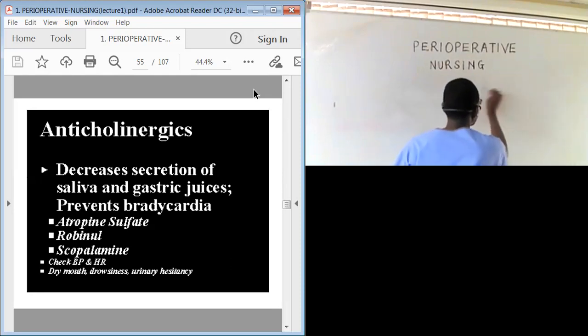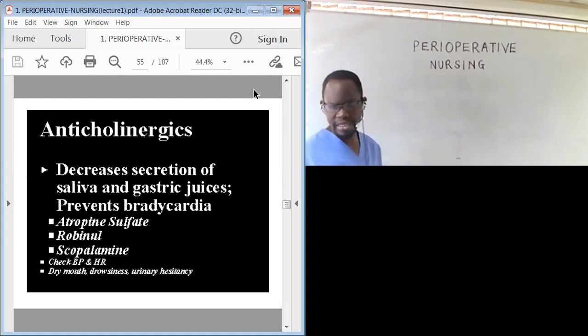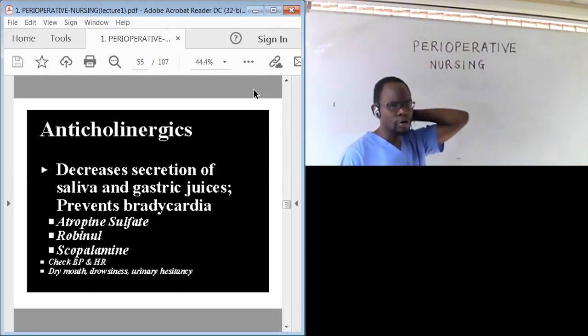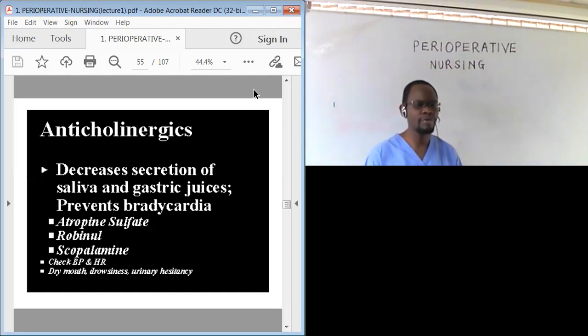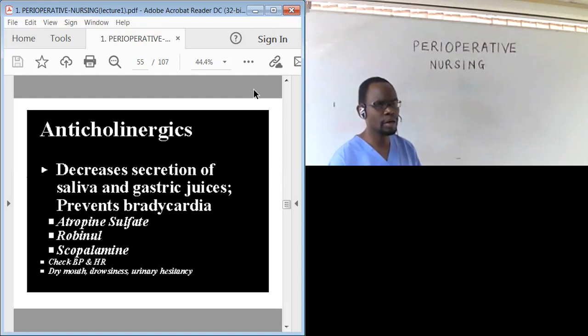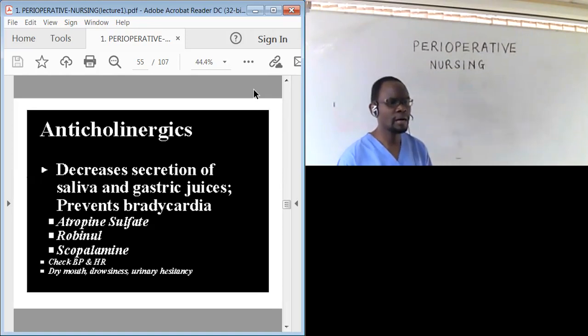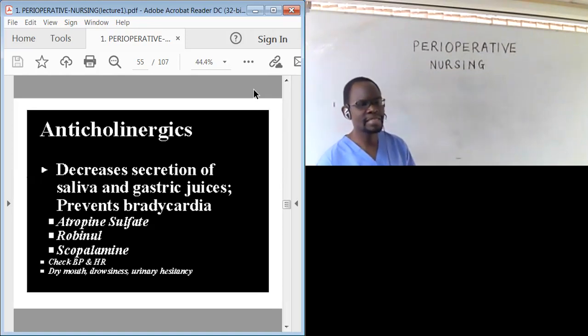Too much secretion can end up with the patient aspirating. So medications like atropine sulfate and scopolamine help with this, and also with prevention of bradycardia, the reflex bradycardia that we talked about. All these are very important as far as prevention of secretion is concerned.